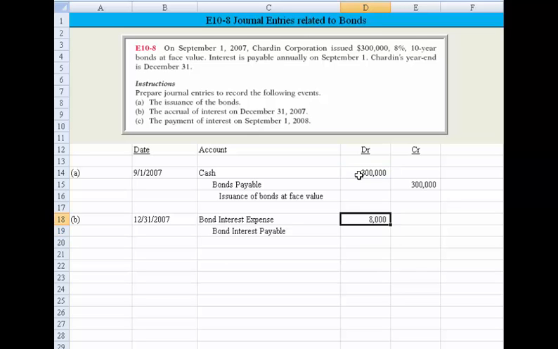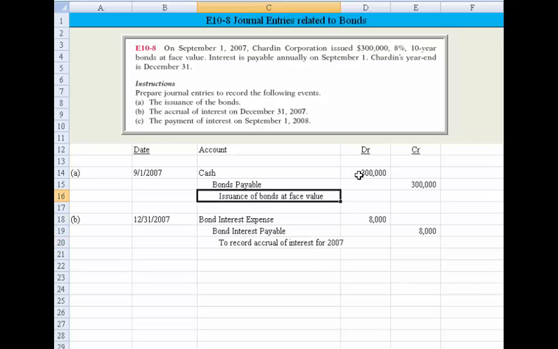Okay, so that would get 8,000. We only need to do the calculation once, and this would be to record accrual of interest for 2007.